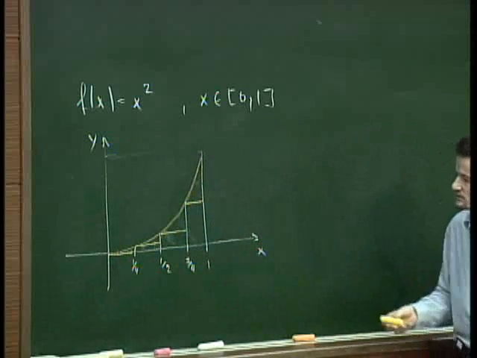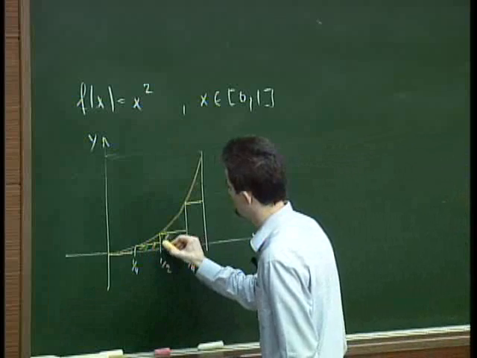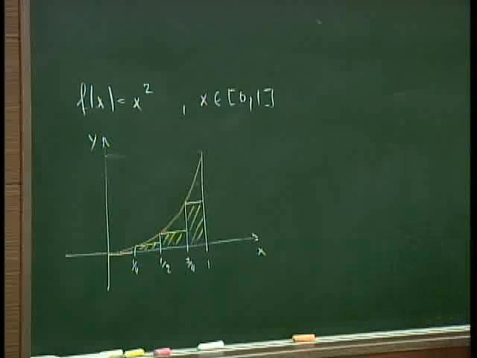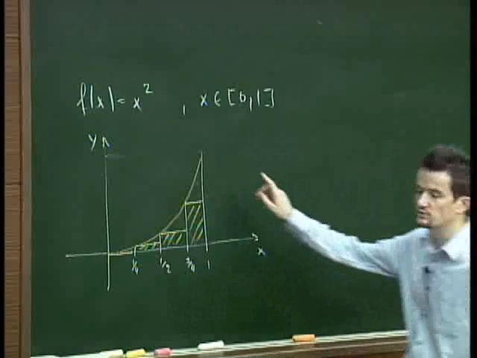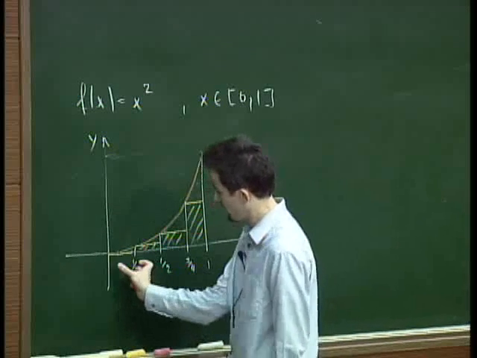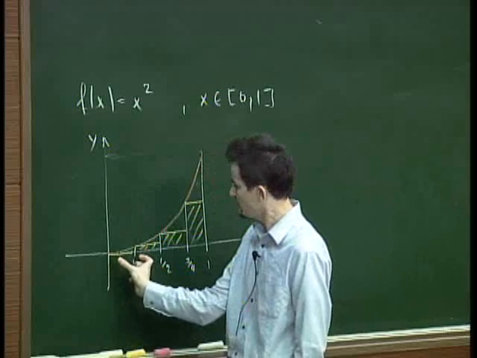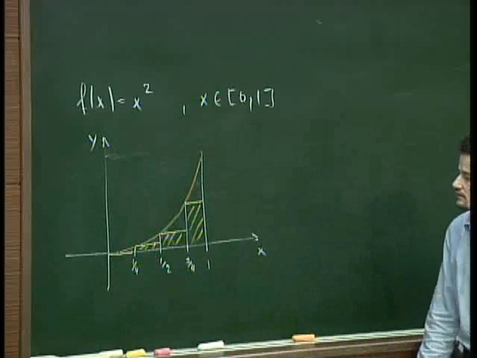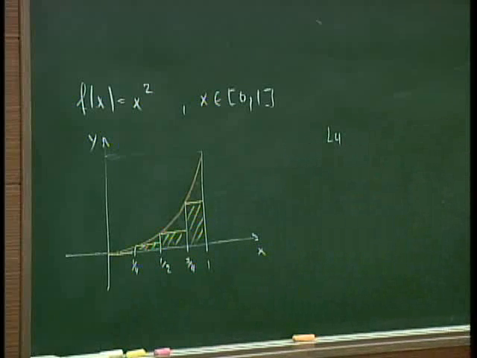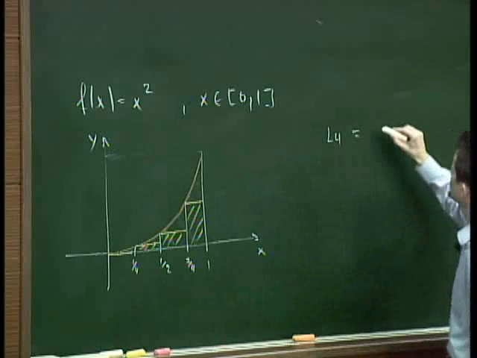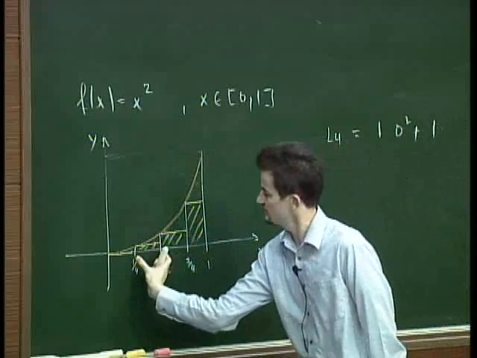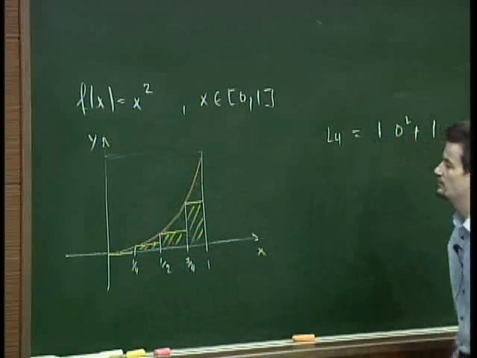And what we're going to do is compute the area of the sum of those rectangles and use this to approximate the area which we want to define. Because on every interval we use the left endpoint, this is normally called, or our textbook calls it, L4. If we compute this sum, we have 1 times 0 squared plus 1 times 1 over 4 squared plus 1 times 1/2 squared plus 1 times 3 over 4 squared, because 1 is this length here, and the height is given by the function evaluated at the left endpoint.